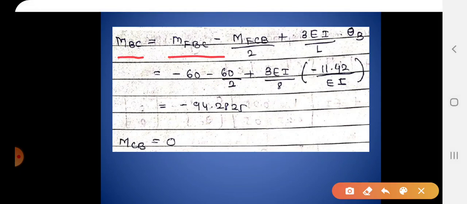MBC is equal to MFBC minus MFCB by 2 plus 3EI by L into theta B. MFBC is the anticlockwise moment due to the central point load, minus PL by 8. Okay, and put in the respective values and find the final moment MBC. Okay, and according to the modified slope deflection equation, MCB is equal to 0.